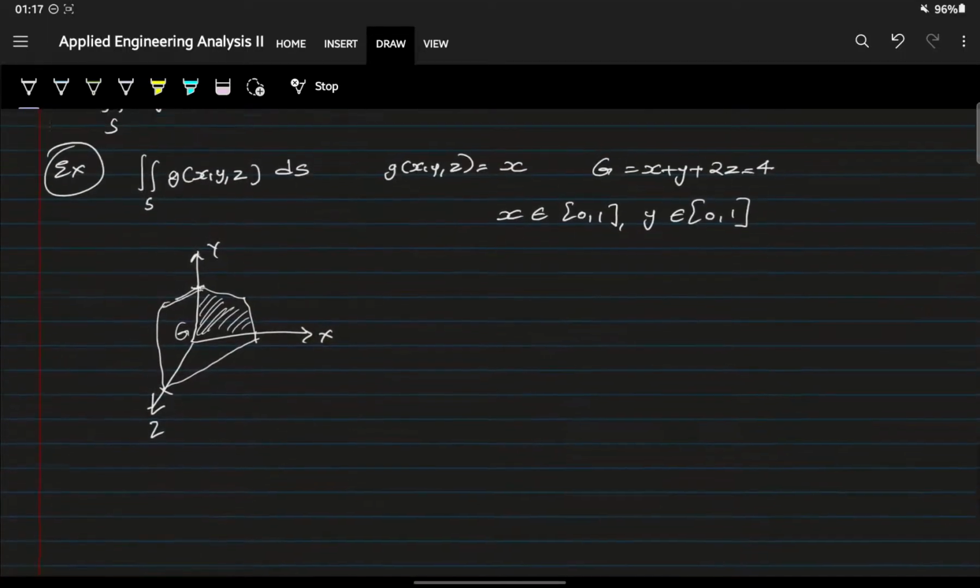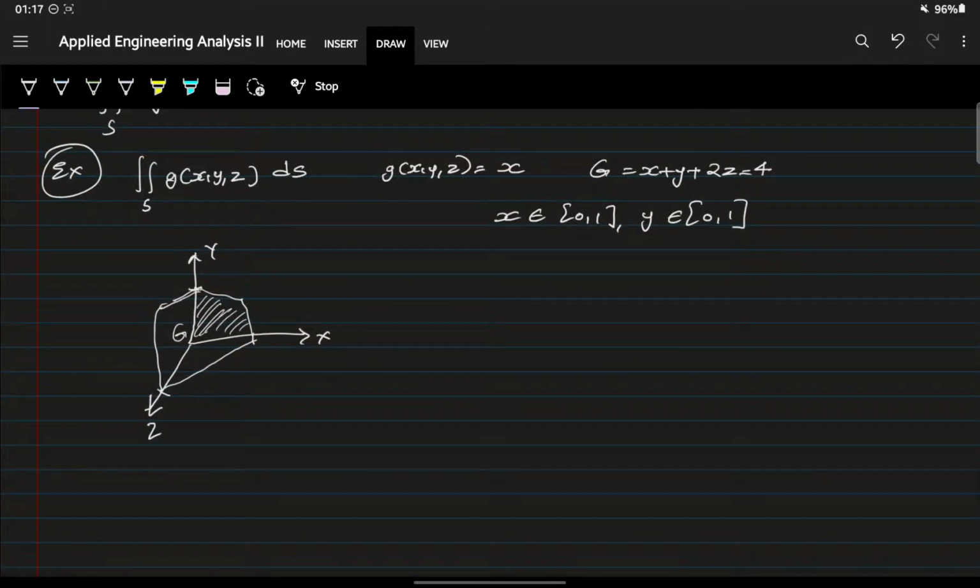So before we proceed, from the surface equation, let's try to calculate the value of z. That is, we have x plus y plus 2z is equal to 4.